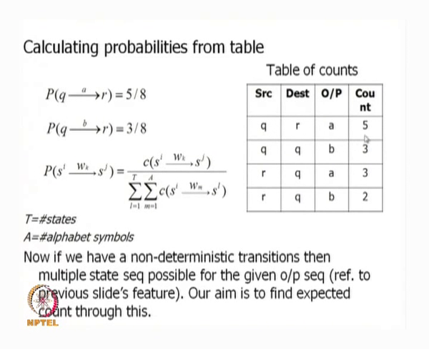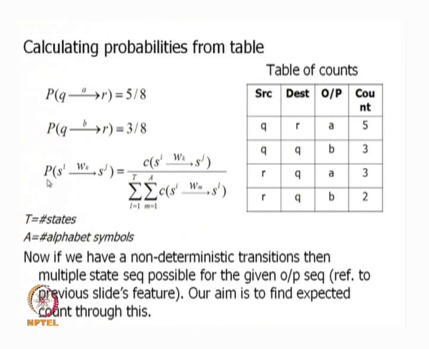Therefore, the total count of transitions where Q is the source state is 8, 5 plus 3, and out of that, Q to R with A is 5. That is why the probability of Q to R with A is nothing but 5 by 8. Similarly, the probability of Q to Q with B is 3 by 8.